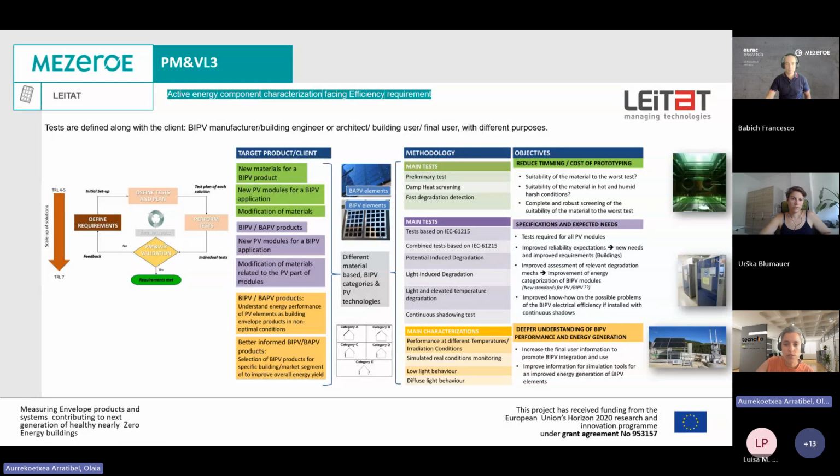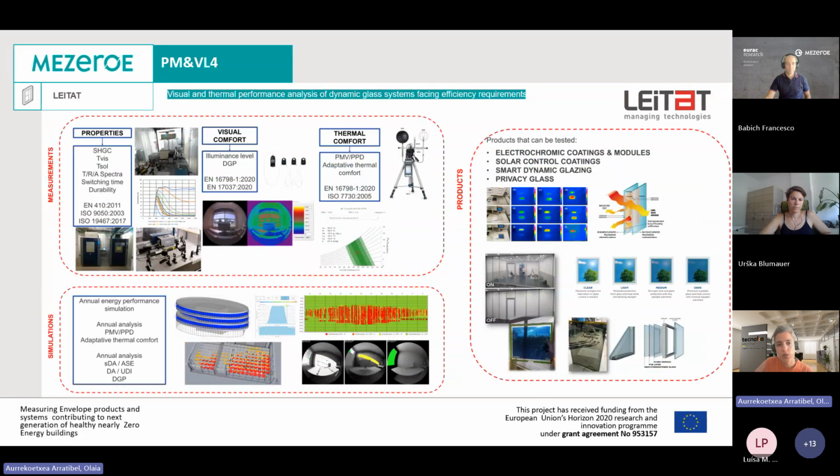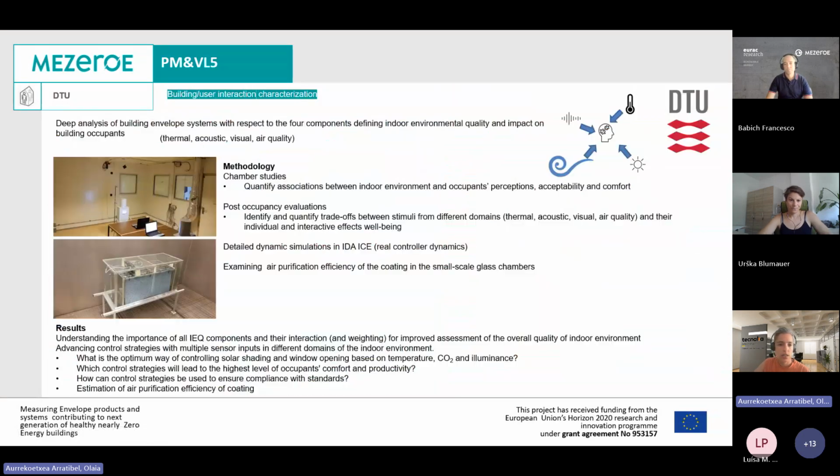And they also have pilot line 4, where they are focused on dynamic glass systems, and they offer different measurements and simulations for these products that you can see here.